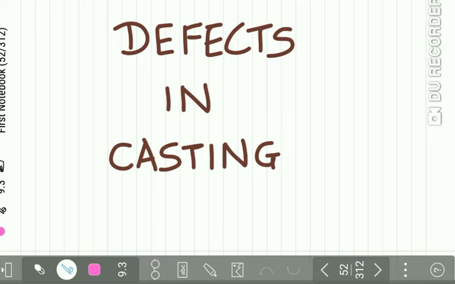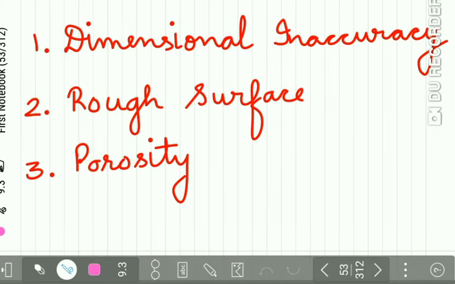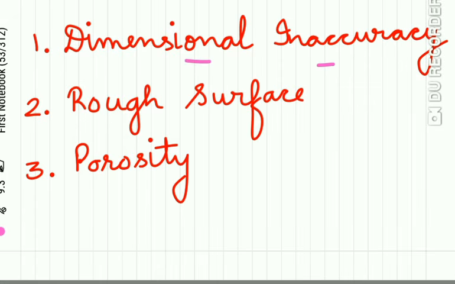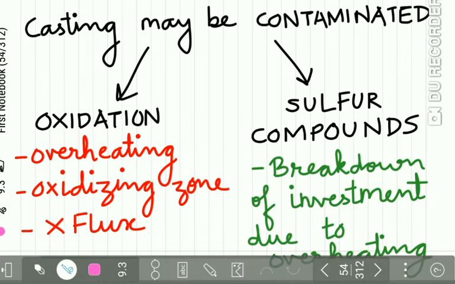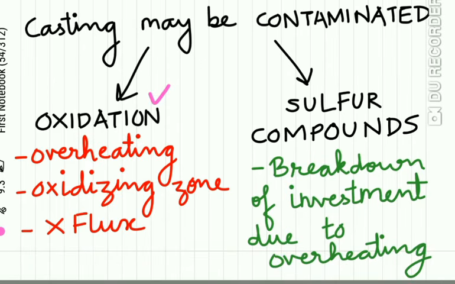Now, let us study what are the various defects in casting. The most commonly found defects in casting are dimensional inaccuracy, rough surface, and porosity. Casting may be contaminated due to two reasons. First, there may be oxidation of the casting, which may be caused by overheating of alloy, or if you use the oxidizing zone of the flame to melt the alloys, or if you fail to use the flux.